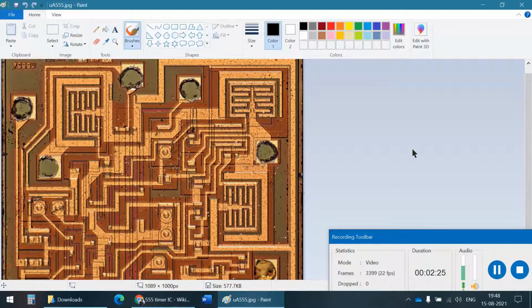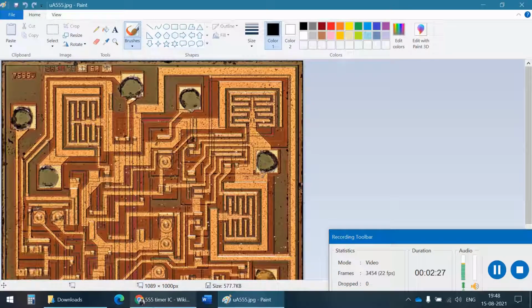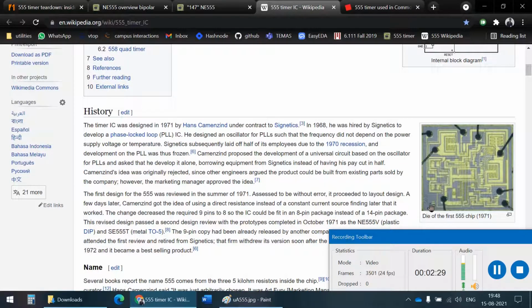So this is the image that I'm going to be reverse engineering. So die images are images of anything. So even your processor in your computer would have its die image.